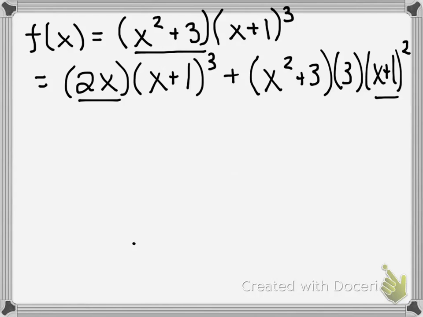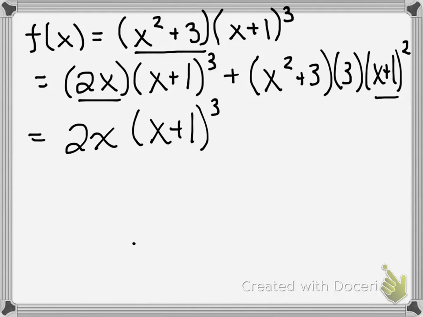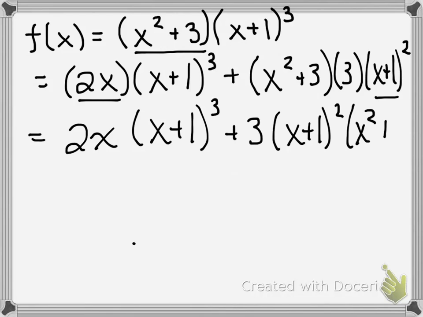So your final answer for this is just 2x times x plus 1 to the third plus, I would distribute the 3 and get 3x, oops, no you can't, sorry, so it's just going to be 3, let's erase that, and just put the coefficient in front, and then x plus 1 squared times x squared plus 3, and that's all you can do. And then there's your derivative.